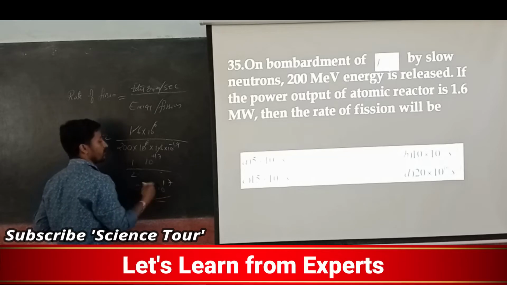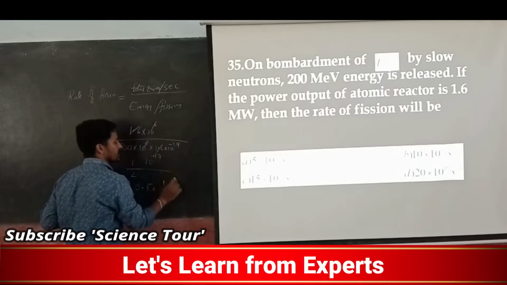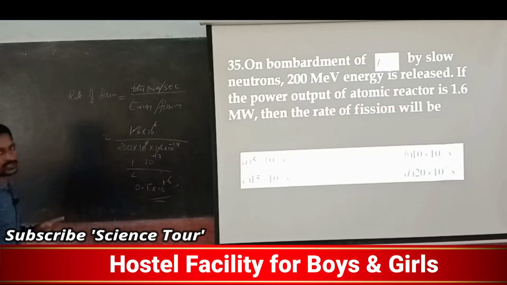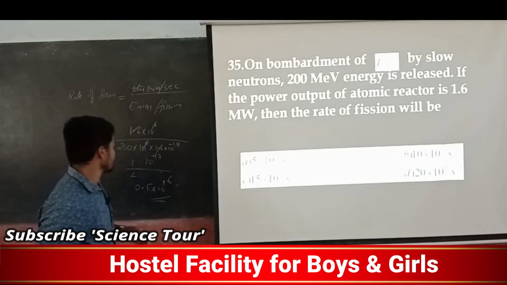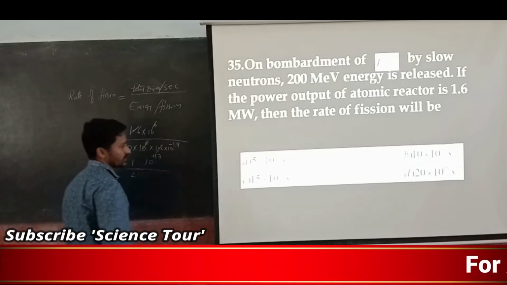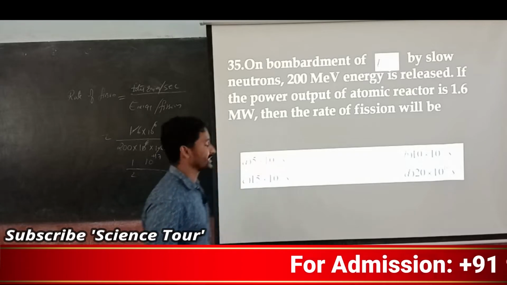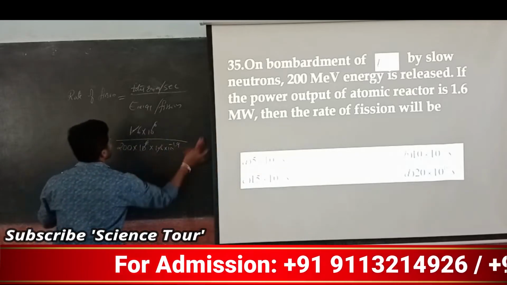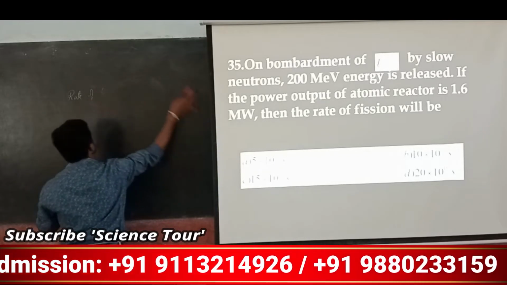If you shift the point to the right side, the power decreases, it becomes 16. Left side means increases. I have told earlier in the classes. So the answer is 5 into 10 to the power 16 per second.